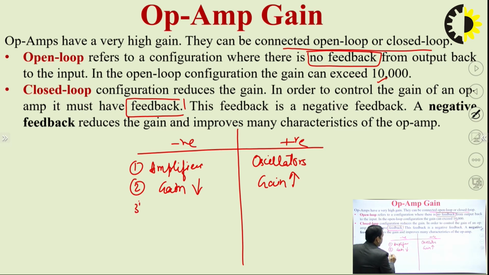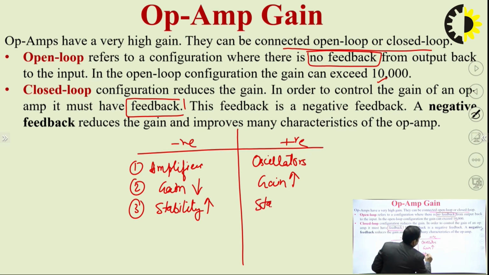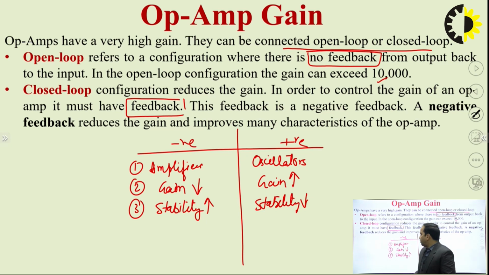If for any circuit the gain reduces, that means we are improving the stability of the circuit. So if gain reduces, stability increases. Here stability decreases. Further, we have seen several different types of amplifiers like inverting and non-inverting.